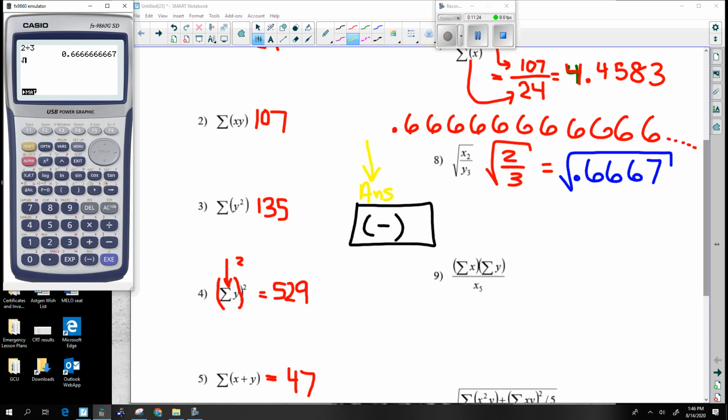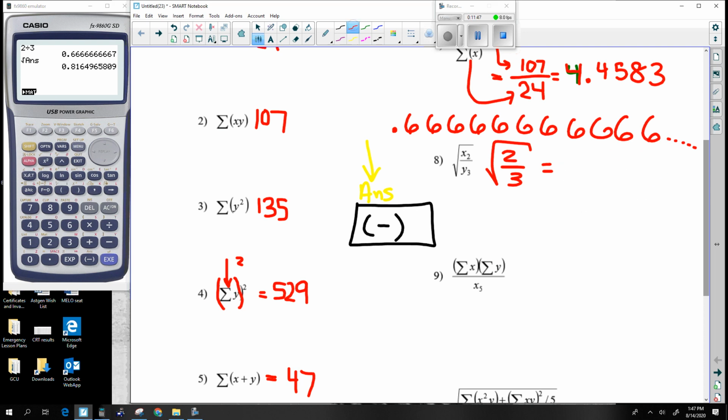So I'm going to square root, not 0.6667, but that answer. And so what that does is it inputs the huge, long, infinitesimally long decimal into my calculator. And so that is the most accurate answer. So don't rewrite it. Don't start typing, because the minute that you start typing is the minute that it becomes less and less accurate.